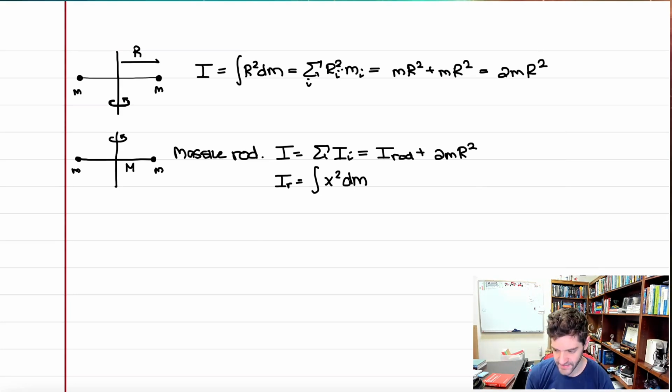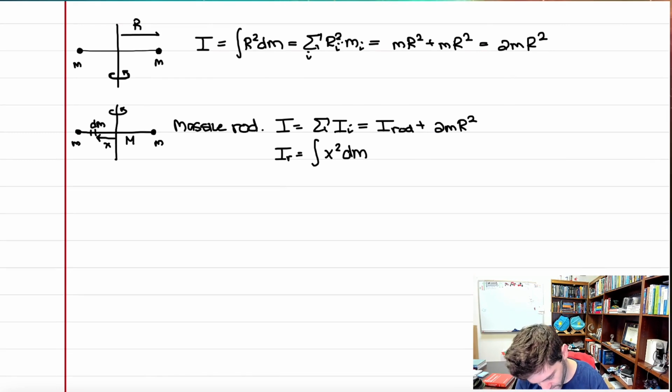If I make the x-axis horizontal, I can draw my position out to some x value, and there's some little dm located there. I'm going to add up all of the dm's that each have their own unique position. The position itself may not be small. If it's a uniform mass distribution, of course, it's 1D, so this is dm over dx.